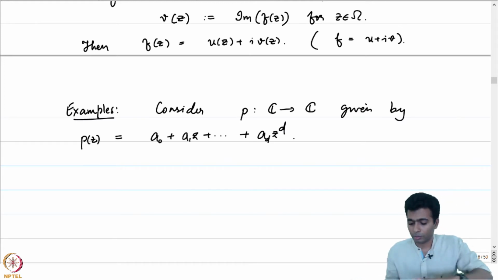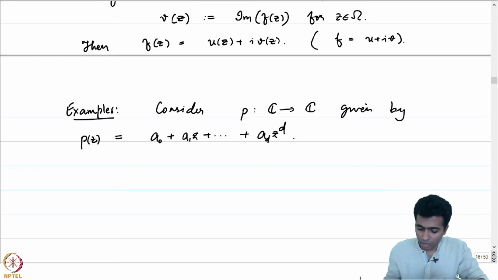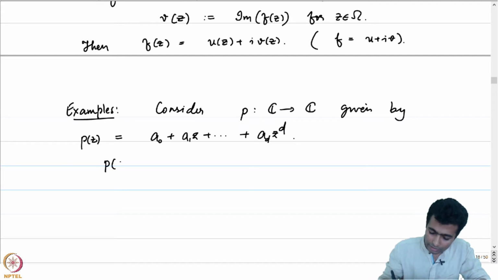So, this is a polynomial in z, and because C can be identified with R2, we could also think of this as P of x comma y.